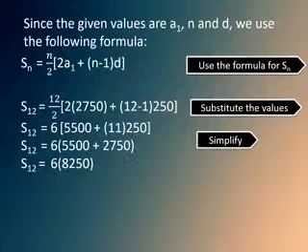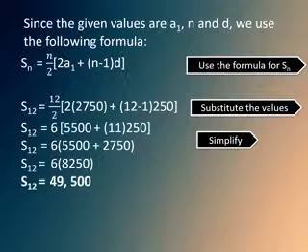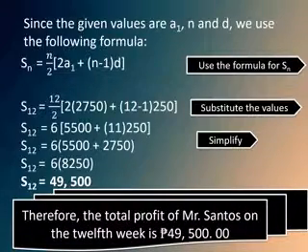Then, S sub 12 is equal to 6 times 8,250. So for the final answer, S sub 12 is equal to 49,500. Therefore, the total profit of Mr. Santos on the 12th week is 49,500 pesos.